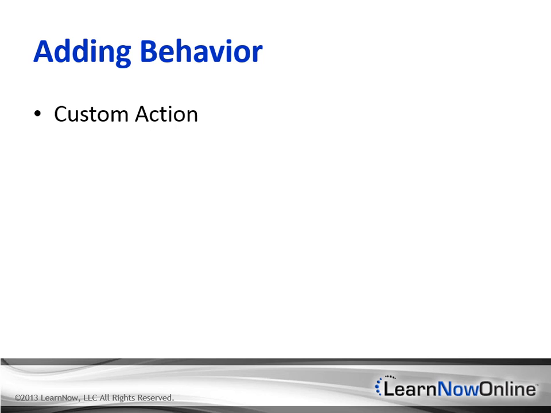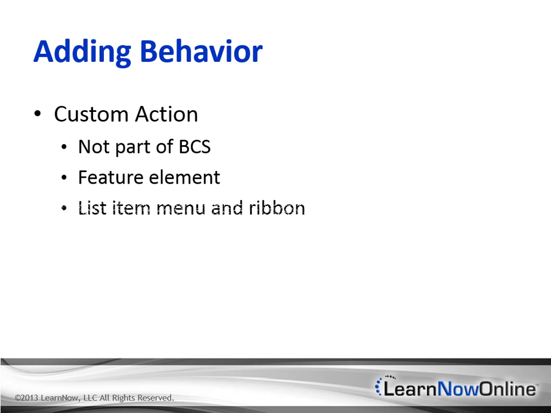Well, custom actions, they're not a BCS feature, and BCS does not extend their behavior. So if you want to use a custom action with BCS, you create a custom action feature element in the same manner used for any other scenario. And you can create custom actions to deploy items to the list item menu or to the ribbon.